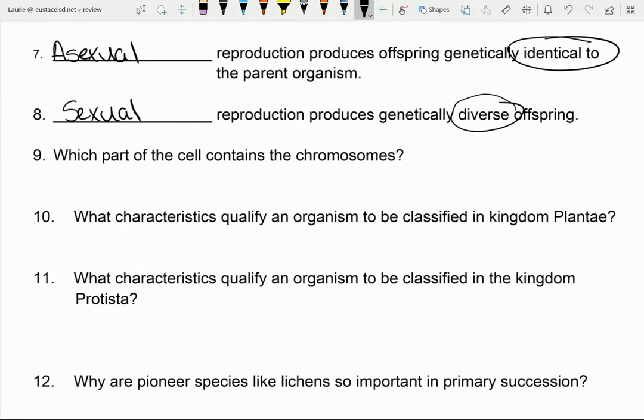That's diverse offspring because you're getting one allele for each characteristic. So you have a genetically diverse offspring when you have 2 parents.